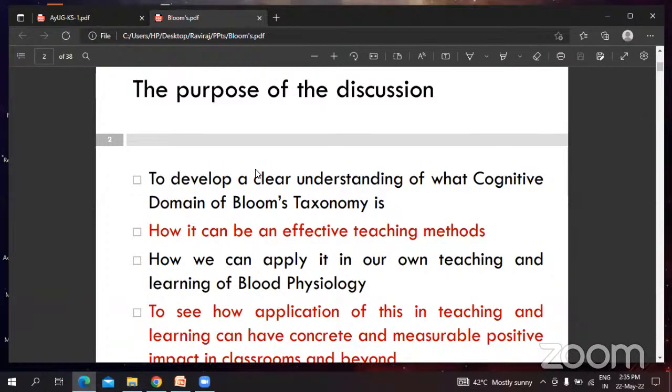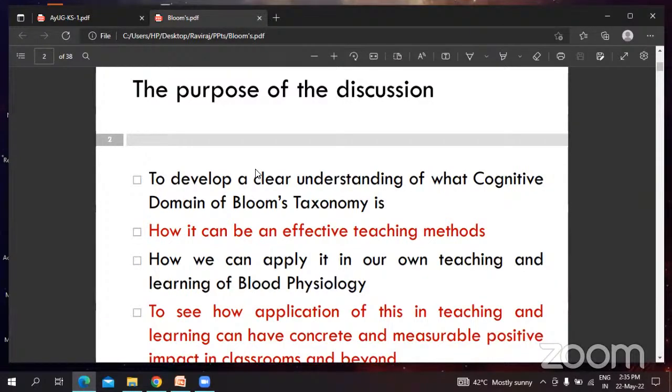We know it. So you will have ample time to study the text, and in order to make the teaching learning process better, there are some methods. Some of those methods we will be discussing today.